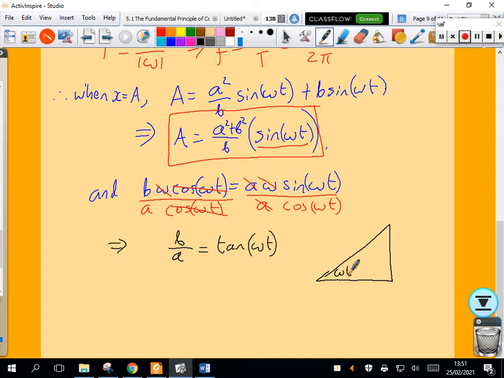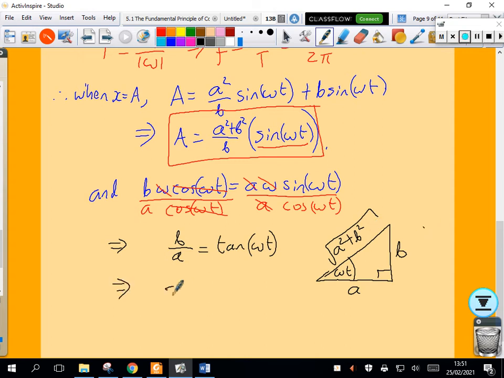The most obvious way to think about tan of an argument, which in this case is omega t, is the opposite over the adjacent. Using the theorem of Pythagoras, I can establish that the hypotenuse is the square root of a squared plus b squared.